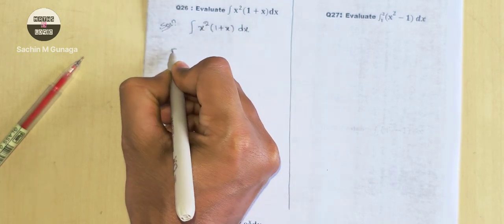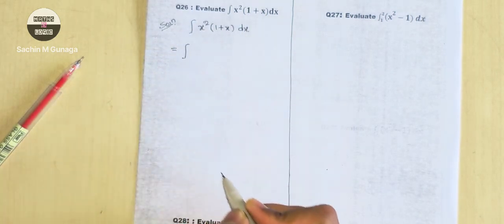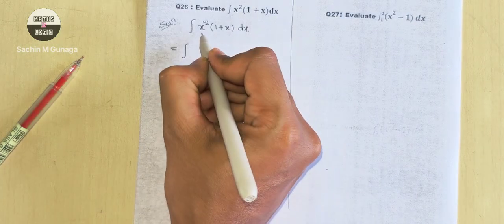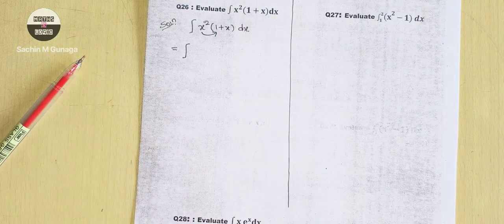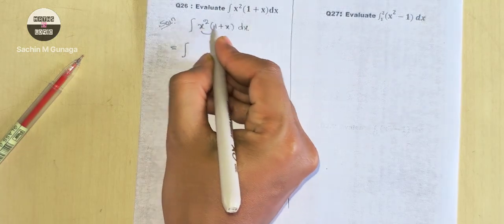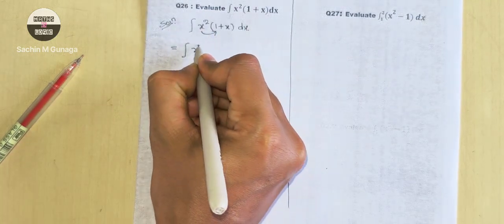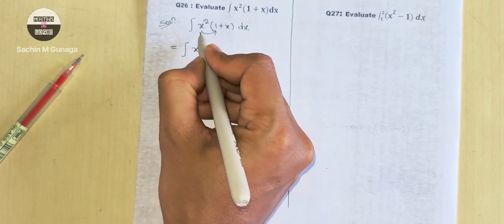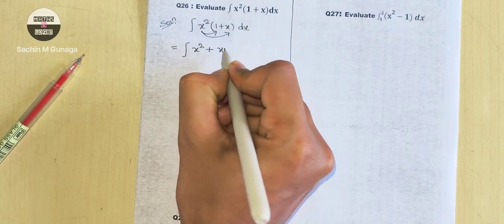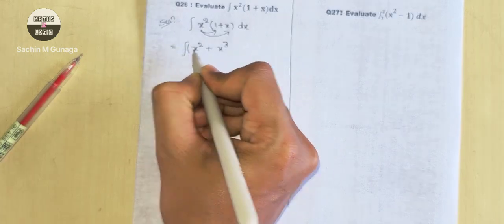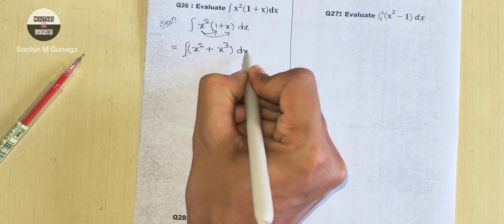Okay, so which is equals to integration symbol, keep it as it is. So first open the bracket, multiply x square into 1. So x square into 1 is x square plus, next these two, x square into x goes to how much here, x cube with respect to dx.